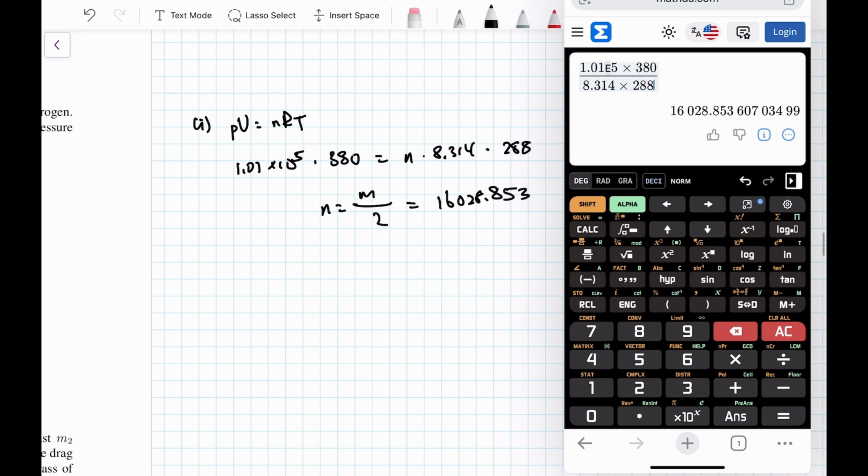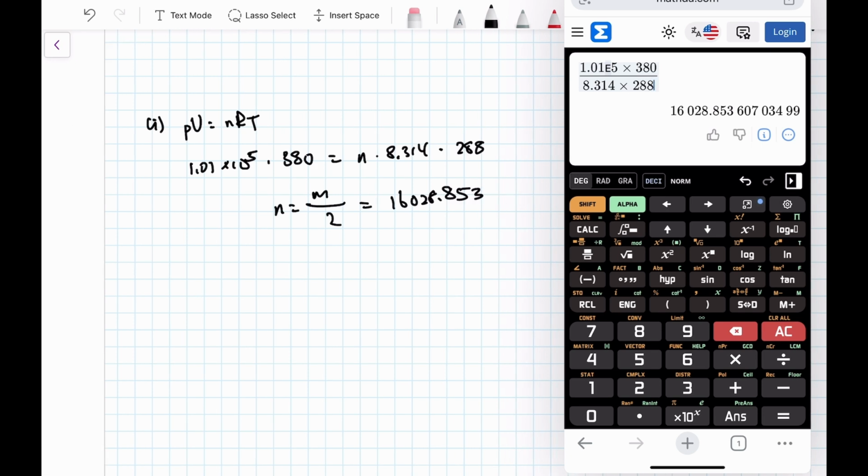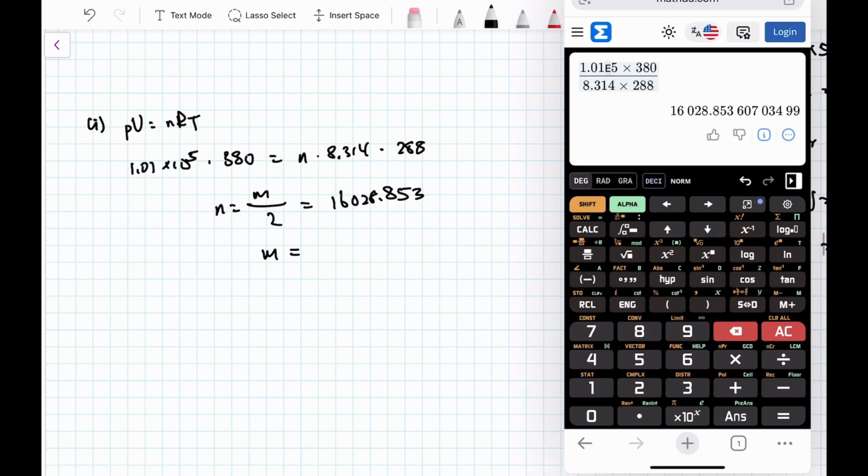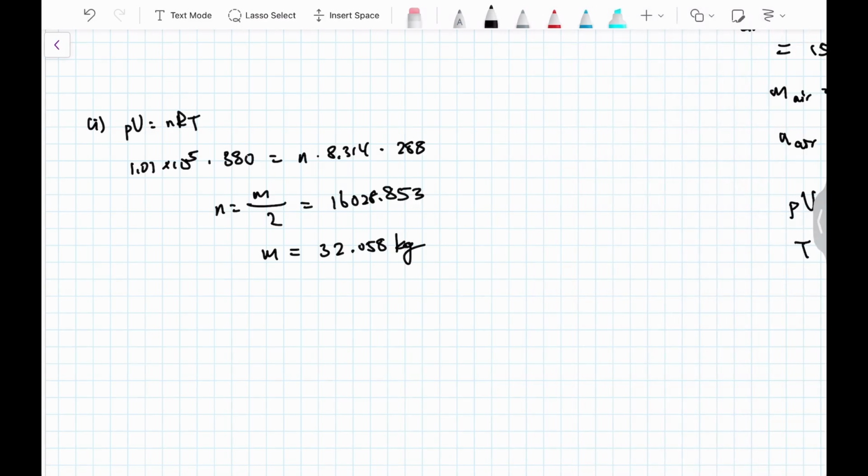Yeah, okay, that makes sense because this should be in grams. So therefore, the mass of hydrogen should be equal to this times 2, which, if we round it to kilograms, should be 32.058 kilograms. And that should be the answer to the question.